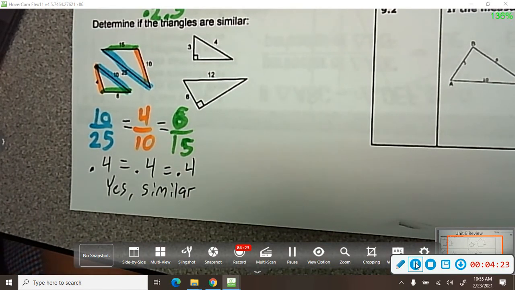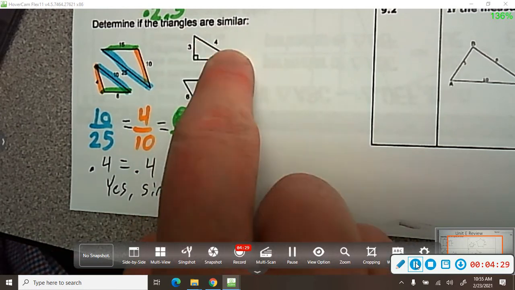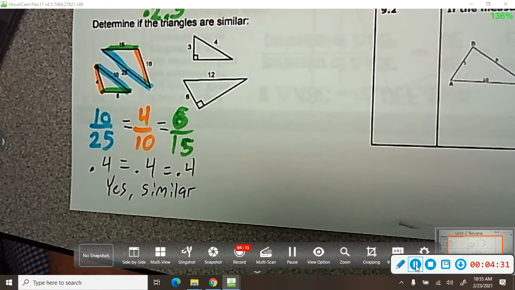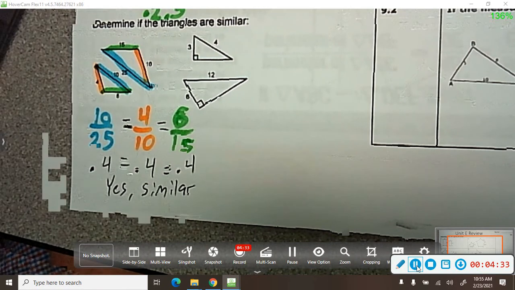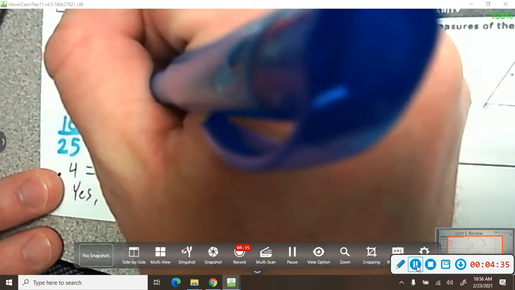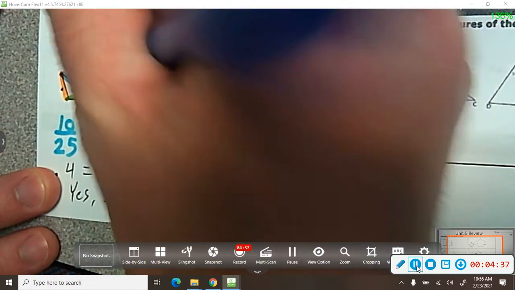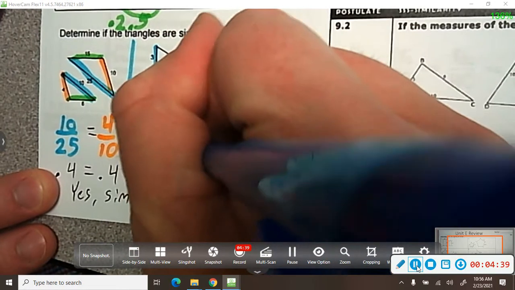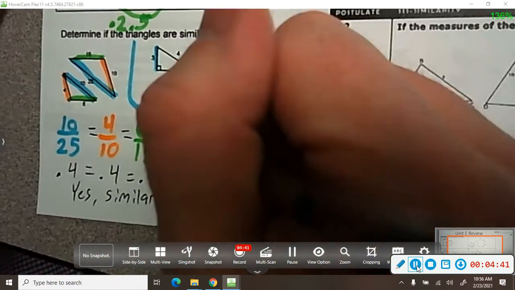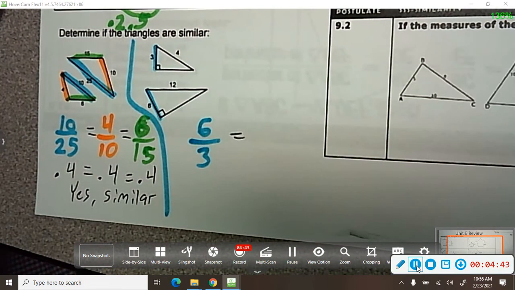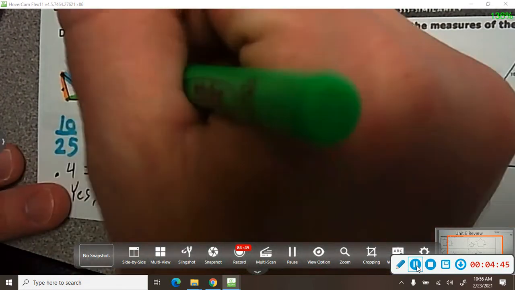You could go ahead and try yourself. You could try the next set of triangles over here and see what you get. So here, are they similar? We have 6 divided by 3. Does that equal 12 divided by 4?